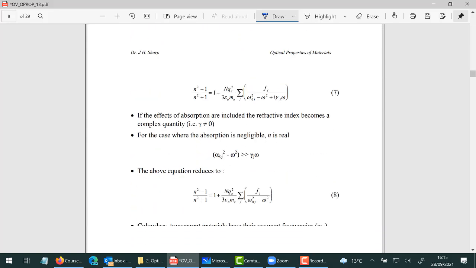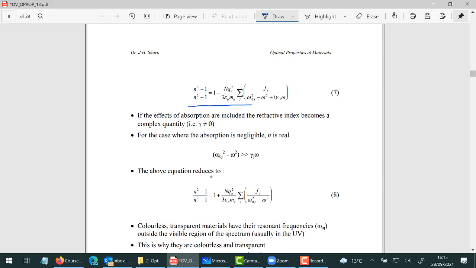If that's the case, then we can rearrange the equation and rewrite it as this expression here. I'm not going to do any derivations of this expression, just a sort of hand-waving argument as to where it comes from. So don't worry about being able to make a derivation going from equation 6 to equation 7.